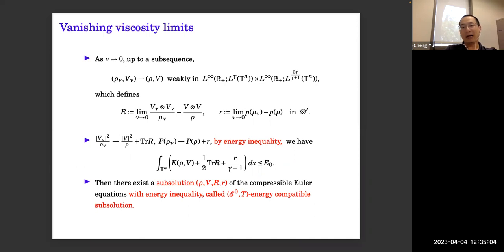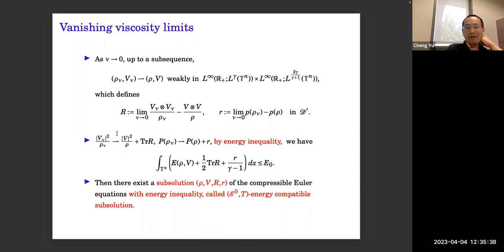viscosity tend to 0, up to a subsequence, the weak solution of the Navier-Stokes equation weakly converges to rho v, in some LP space. So we call this weak limit rho v, and then we have the matrix R and a scalar little r.